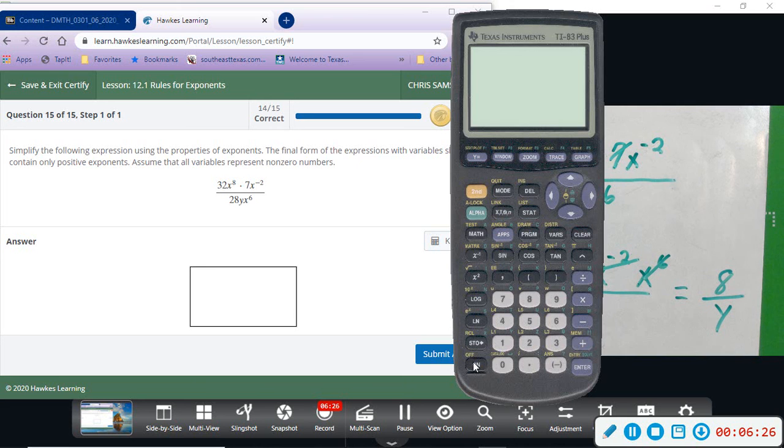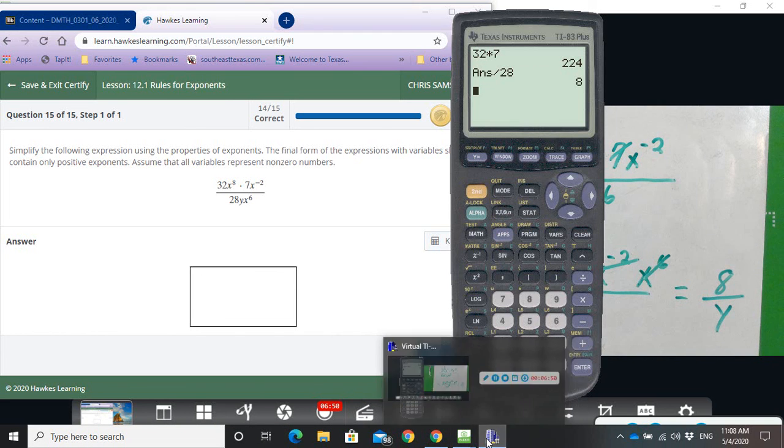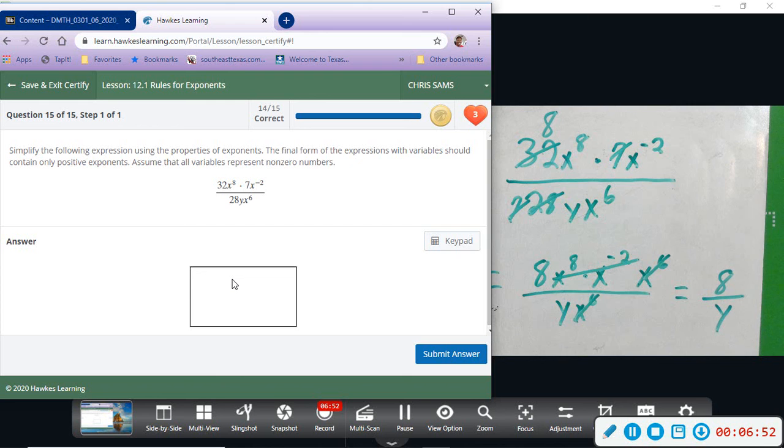So if you wanted to just do it as it's listed, 32 times the 7 on top, and then if you just divide by 28, okay, you get the 8. So all your numbers evaluate to 8. That's that whole number right here on top. And then if you just use the property of exponents and simplify one step at a time, you'll arrive at the y. So we're going to do a fraction, 8 over y.